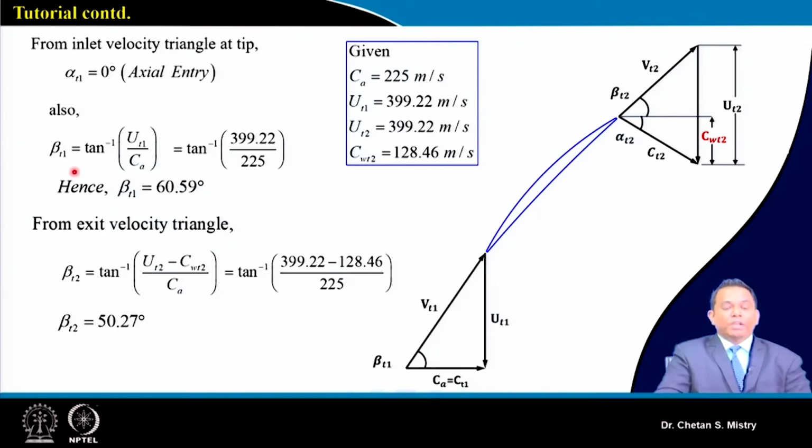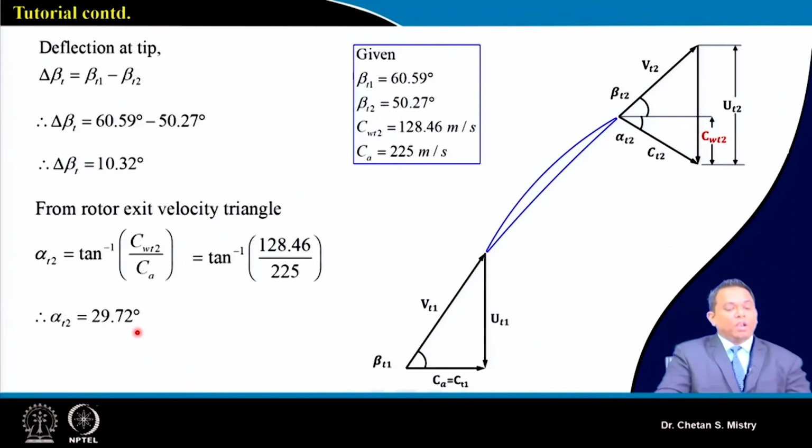Based on our velocity triangle we can calculate beta 1 at the tip and beta 2 at the tip. Beta 1 at the tip is 60.59 degree, and beta 2 at the tip, at the exit, is 50.27 degree. This gives us our delta beta in the range of 10 degree, so this is 10.32 degree, and based on that we can make our blades.